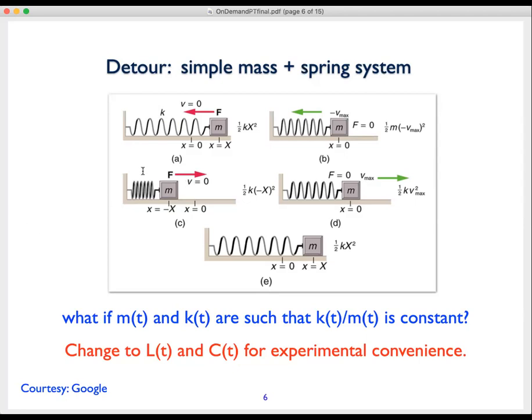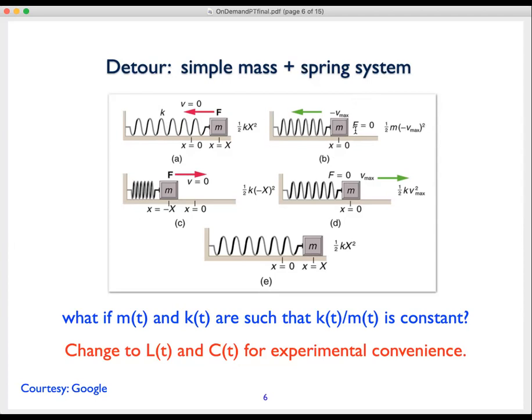All right, so for a simple mass and a spring system, this is the dynamics of it that is shown here. I stretch the mass up to this point. It has a potential energy at that time, which is 1/2 kx squared, of course. If I let the mass go, there is a force on the mass, so it picks up speed. At the equilibrium point, the kinetic energy is the maximum.